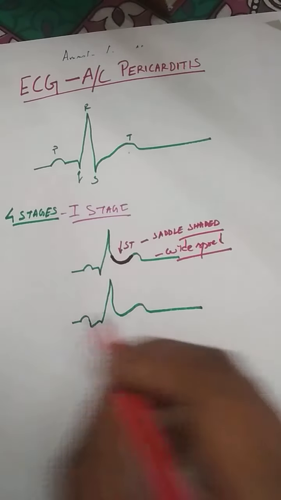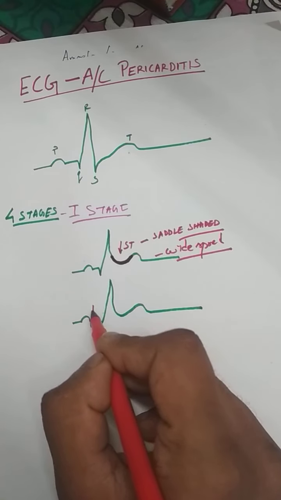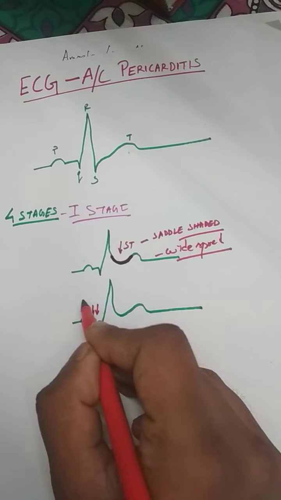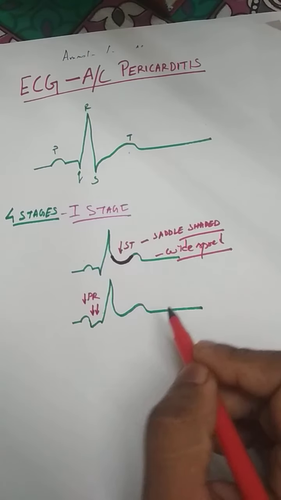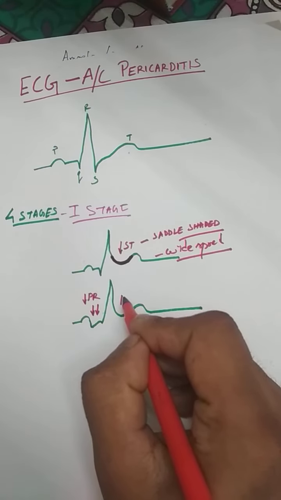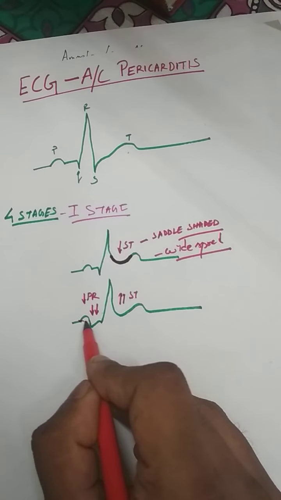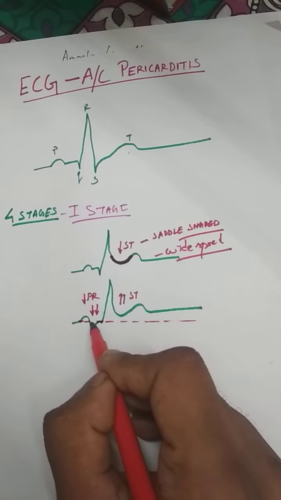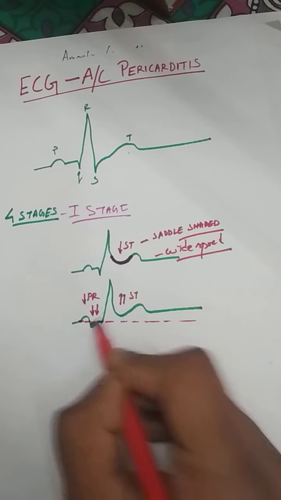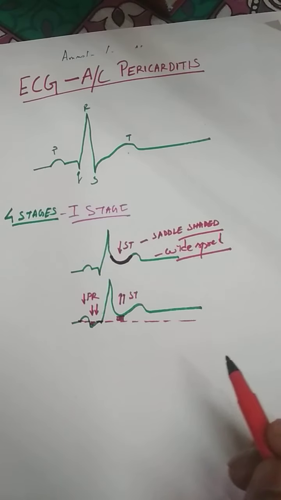So as we can see, there would be depression of PR segment, and there would be elevation of ST segment. If we consider this to be the baseline, there would be a depression of PR segment plus there would be elevation of ST segment.